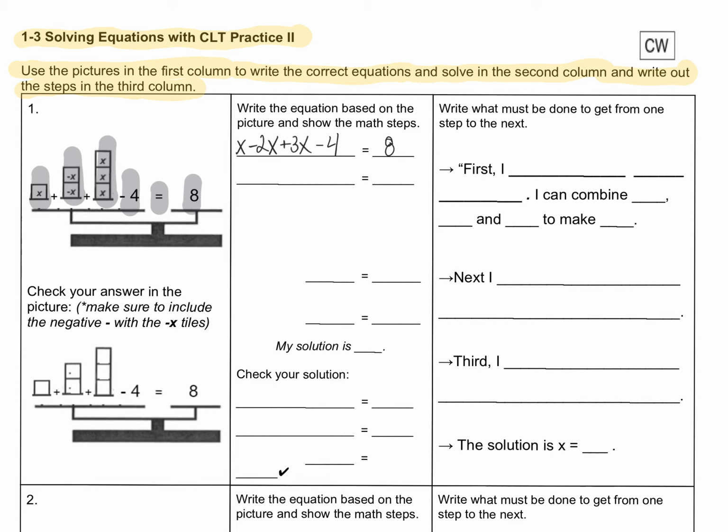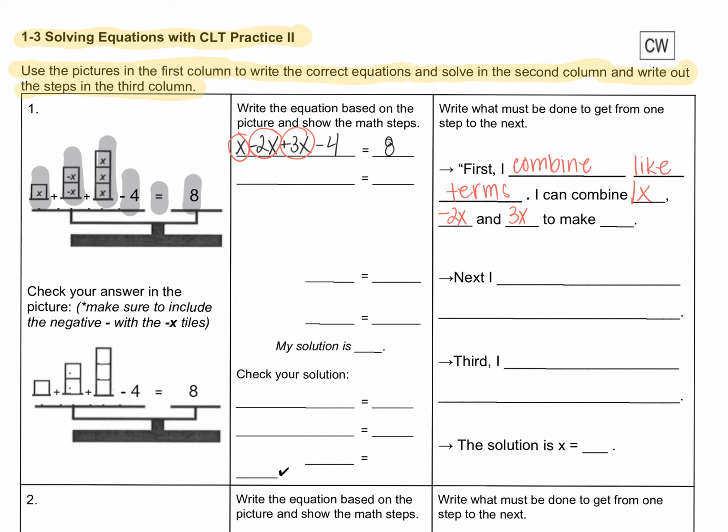So when I look at a problem like this, the first thing I want to do is to combine like terms. Because I see values that have x on the left side. I can combine x, negative 2x, and 3x.